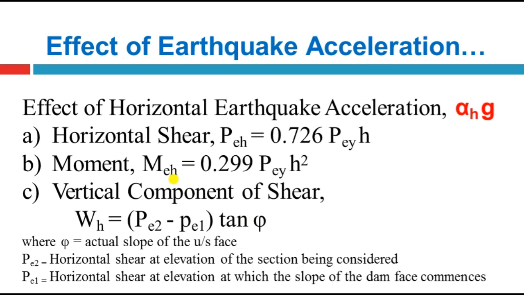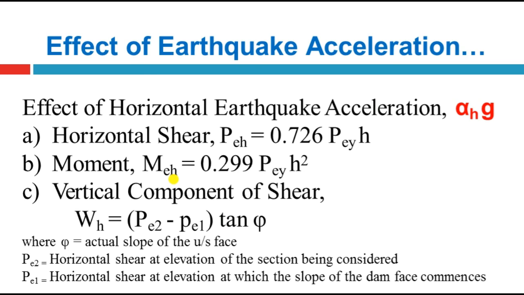Effect of horizontal earthquake acceleration. Earthquakes produce two kinds of waves, like P wave and L wave. The horizontal shear PEH is equal to 0.726 PEY, the force in Y direction multiplied by H, the height of construction.